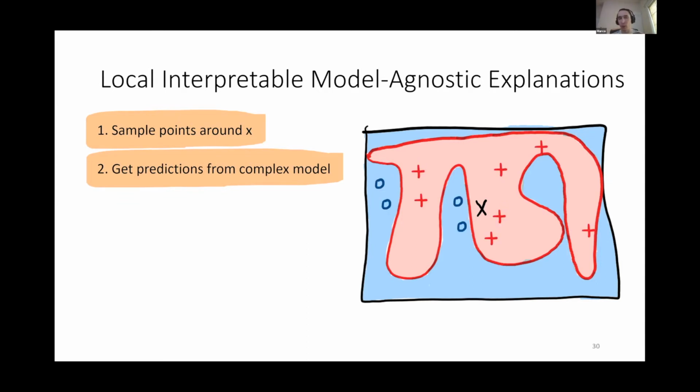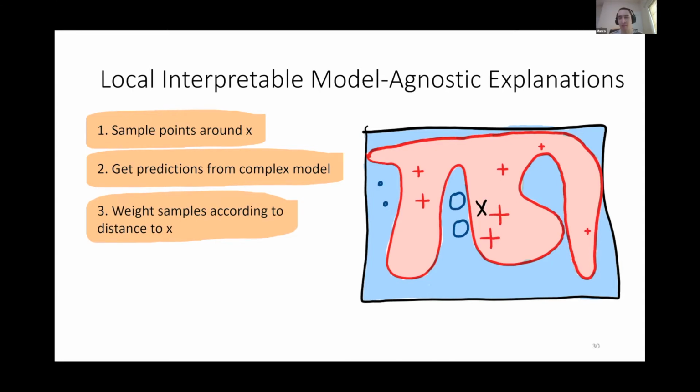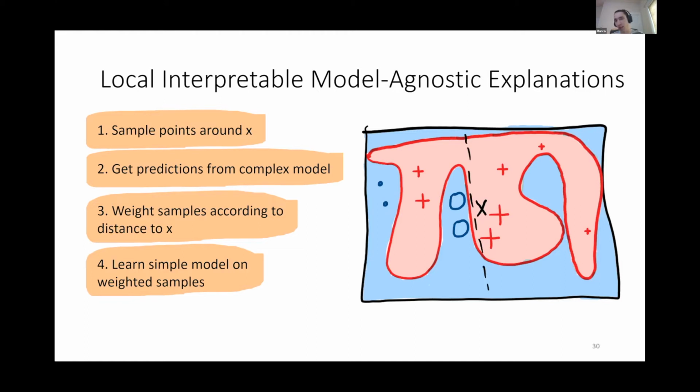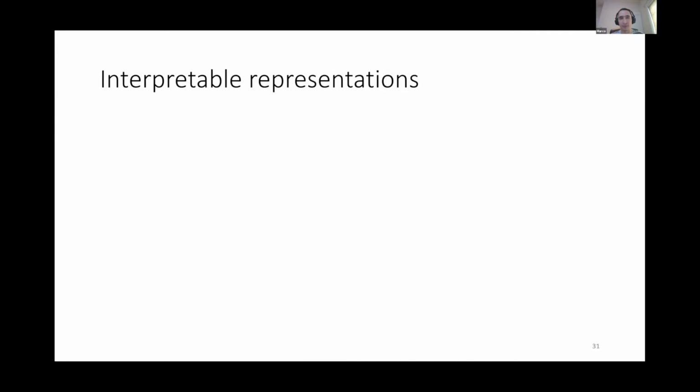So we get whether they're positive or negative, and then we weigh those samples according to how close they are to, in this case, Bill Gates. So we're saying if someone is very close to Bill Gates, we want our explanation to be very faithful. If someone is completely different, we don't care as much. And then we learn a simple model on these weighted samples and use that simple model to explain. So we learn a linear model and explain it with that.